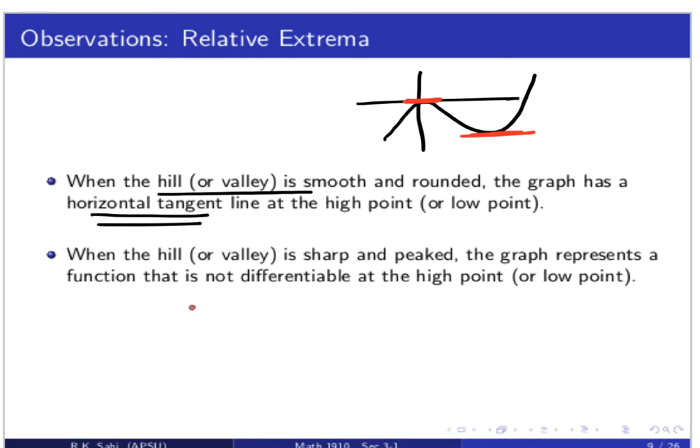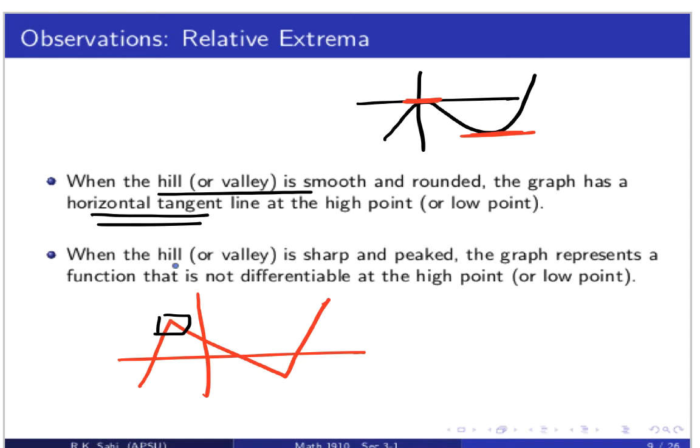But if you have a hill or a valley which is peaked, like this, what happens? Though in this small interval, this peak, this sharper point, is actually the highest value in that little interval.